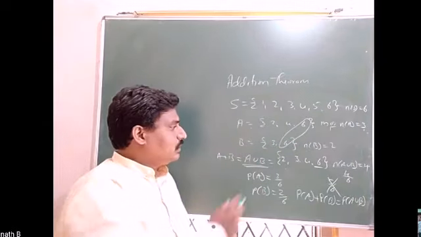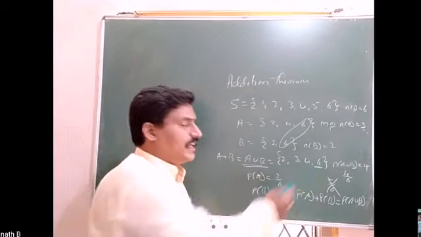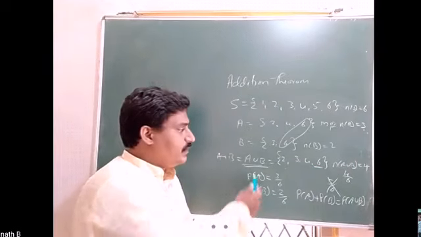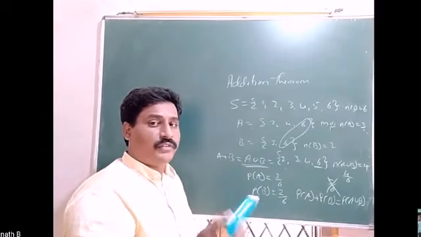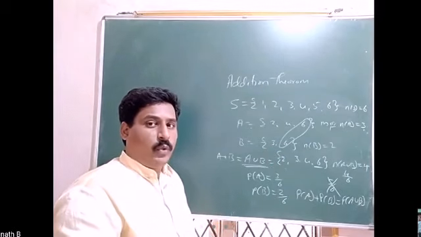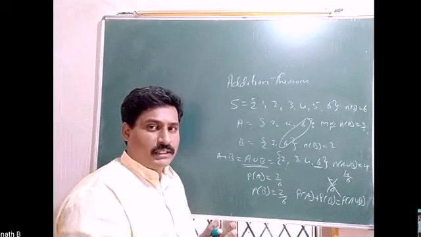So favorable cases to A union B is 4, not 5. Why? Because of the common element 6 here.